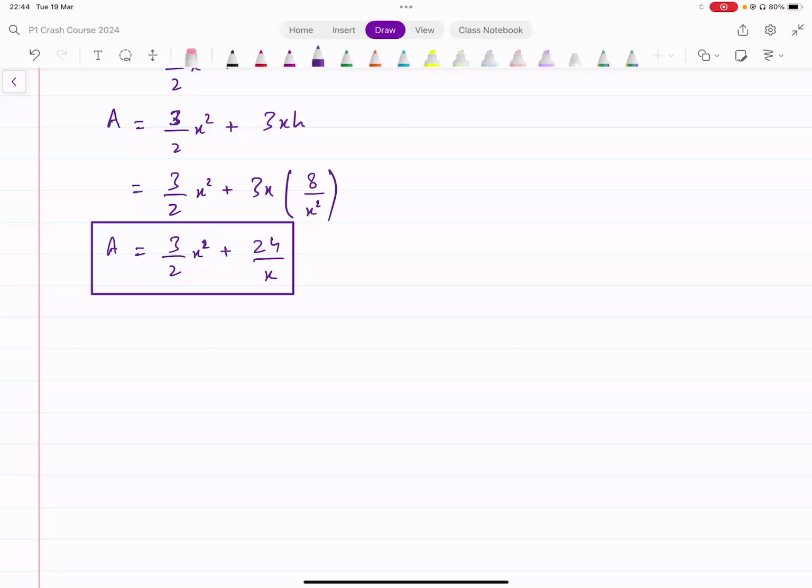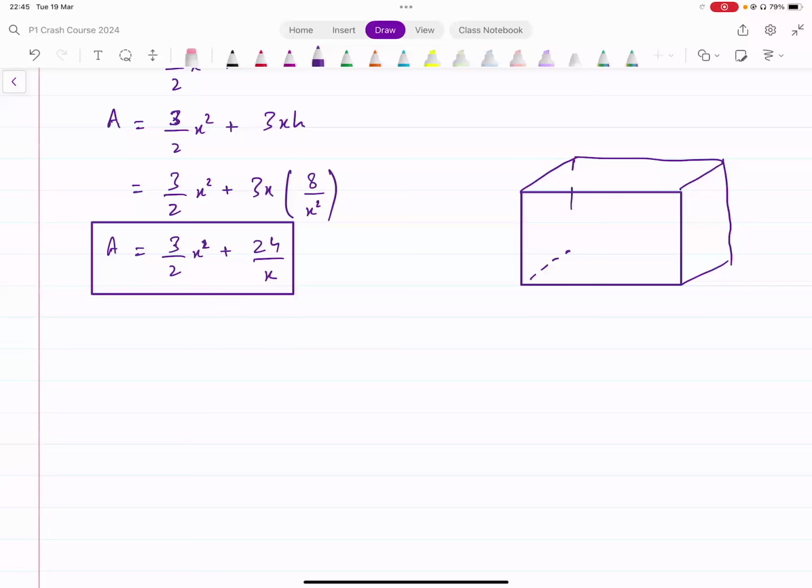Sir, to find surface area, can't we use the formula length into height, base into height, basically? That will be if it was a proper cuboid like this with closed surfaces, with a closed top as well.